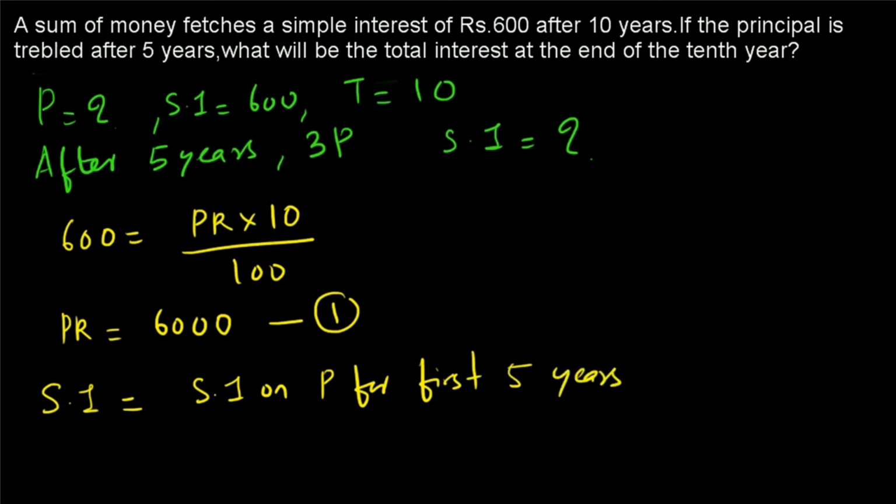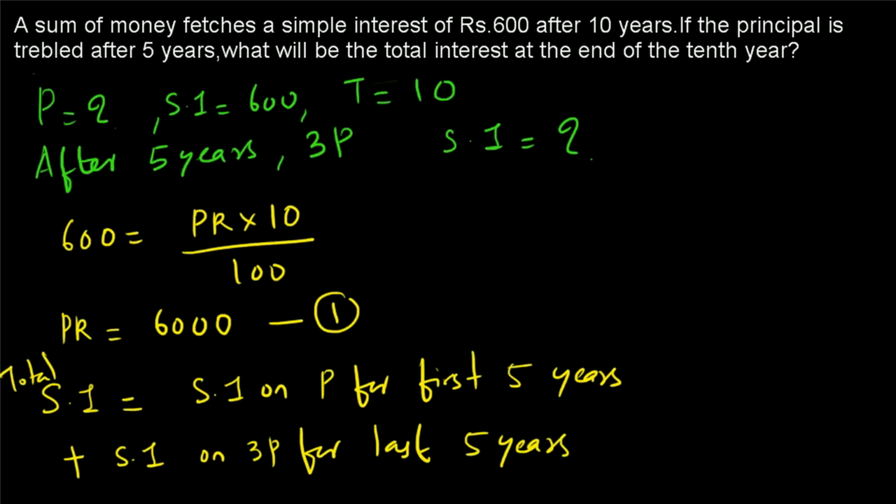So here also the total simple interest will be equal to simple interest on P for first 5 years plus simple interest on 3p for the last 5 years. So we'll be getting the simple interest for the entire 10 years. Okay, so here also the principal is getting changed. First 5 years the principal was P, but for the last 5 years the principal is getting trebled. That means the principal is becoming equal to 3p.